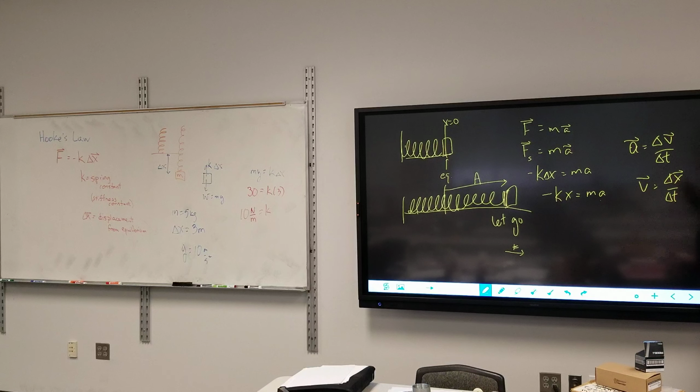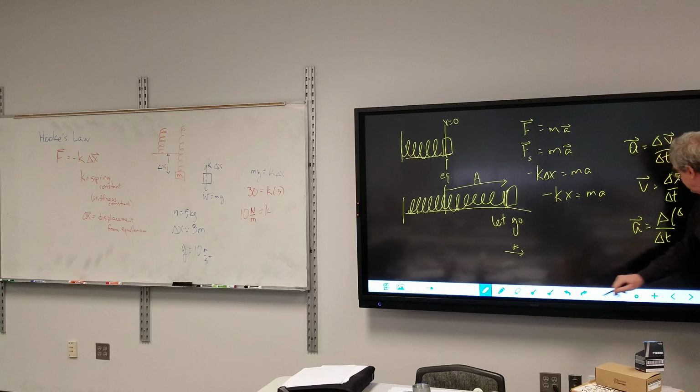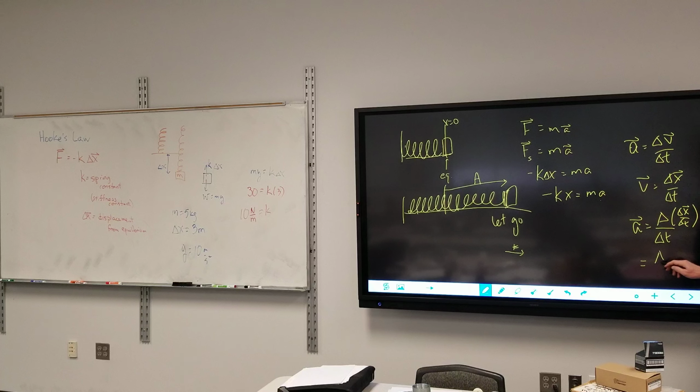So acceleration is the change with respect to time of the change in position with respect to time. Or, written in slightly more formal language, delta squared x over delta t squared. The notation might seem a little bit awkward.